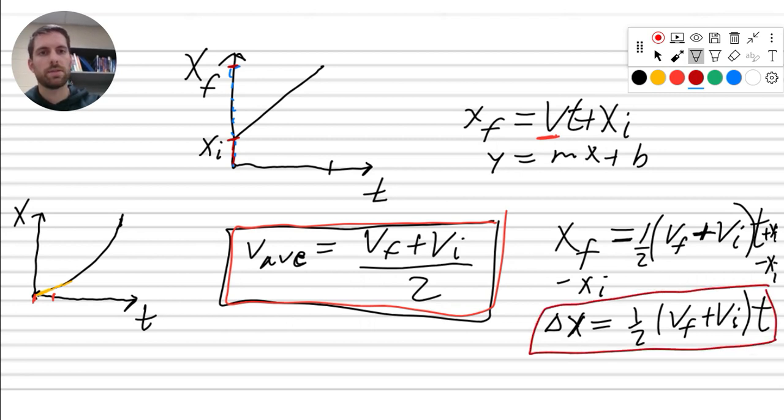And that t was from this one over here. So that is one of the equations. And of course, there are variations of this equation, so we can find those as well.